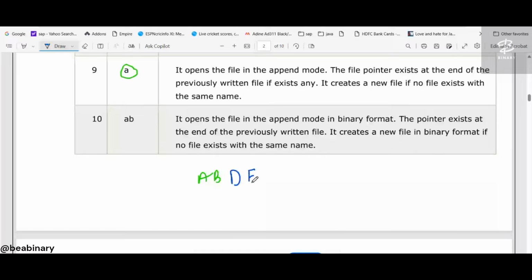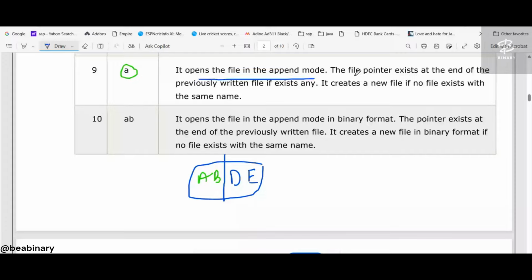I am appending. If there is already existing data and we want to further extend that data, then technically we are appending the data. So to append the data, there is a special mode called A, and we technically call it the append mode.